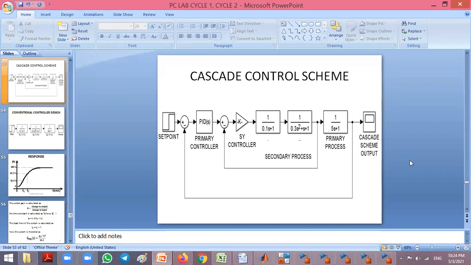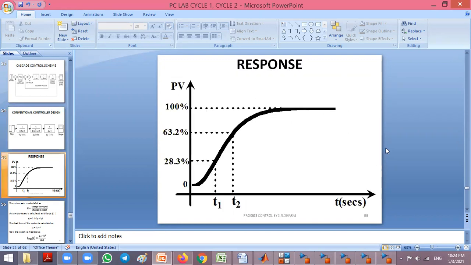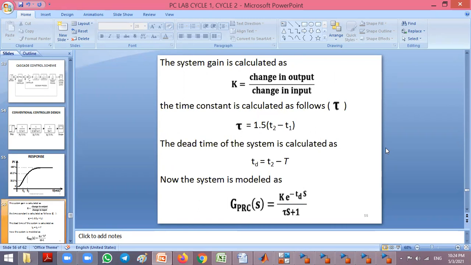You merge primary transfer function and secondary transfer function, you give a step, and you will get an S-shaped curve. Again you repeat the same procedure and you will get a transfer function.